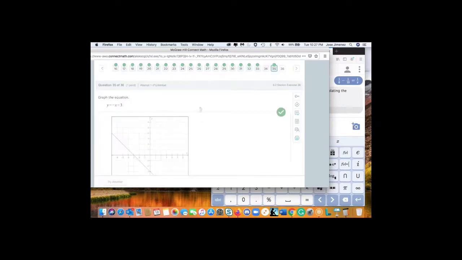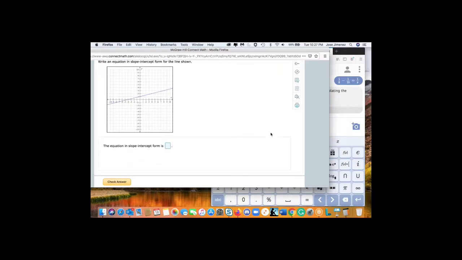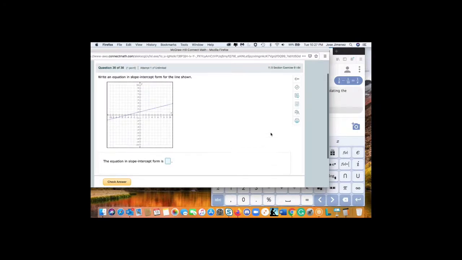And 36. Yeah, for this one, they want the slope intercept form. First, you look for two things. For the slope, let me put it right here. We look for the slope, which is the little triangle, and we look for the y-intercept.